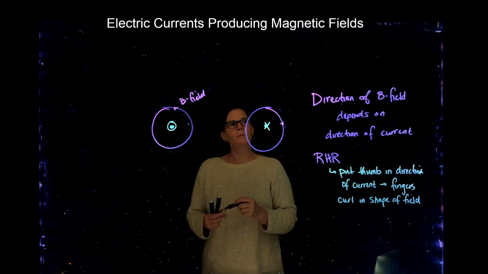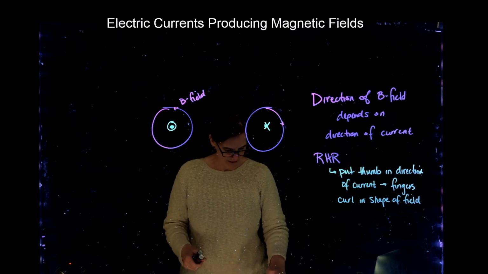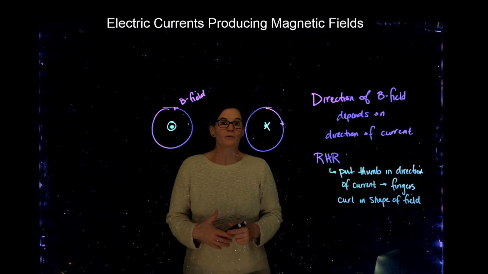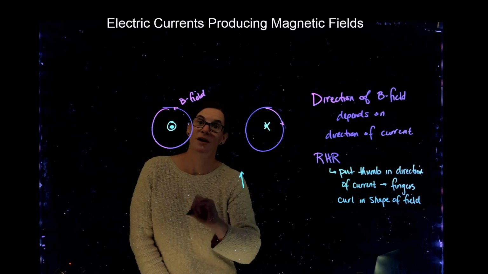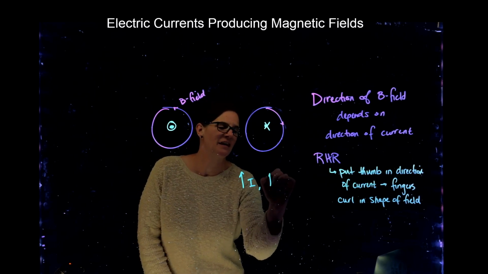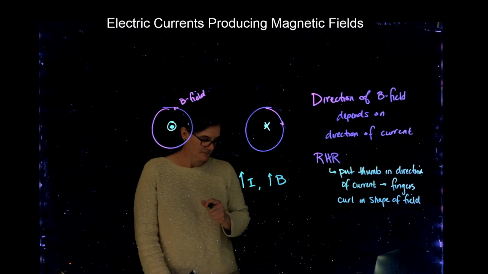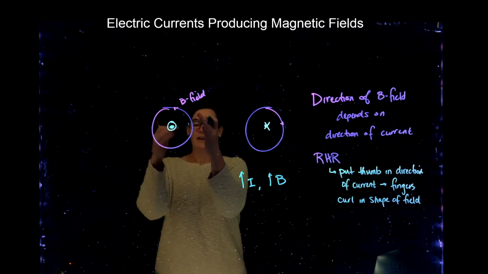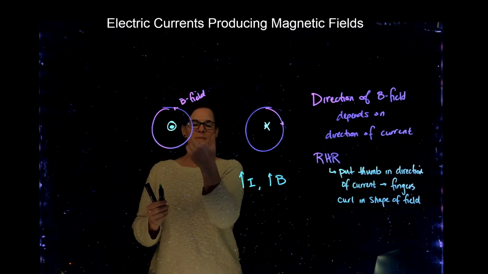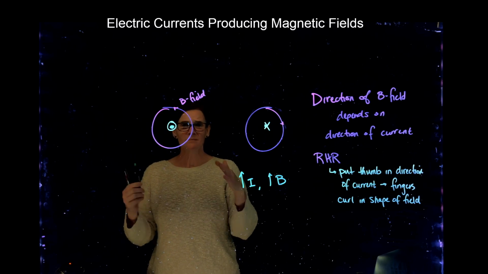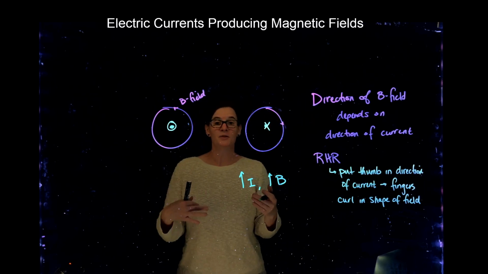All right. What about the strength of the magnetic field? What do we think the strength of the magnetic field might be dependent on? Well, if I have a really strong current, we might suspect that I get a stronger magnetic field, and you would be right. So if I increase the current, I increase the strength of that magnetic field. Furthermore, if I'm looking at this wire and the current is coming out at me, the further and further I get away from that wire, you might suspect that field strength to go down.